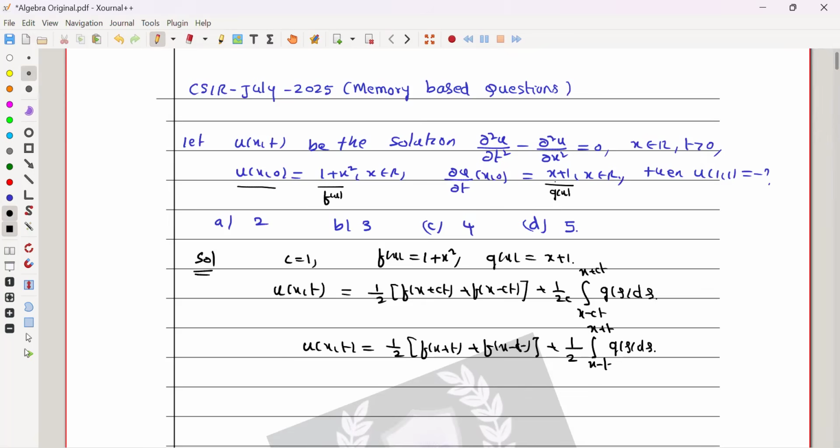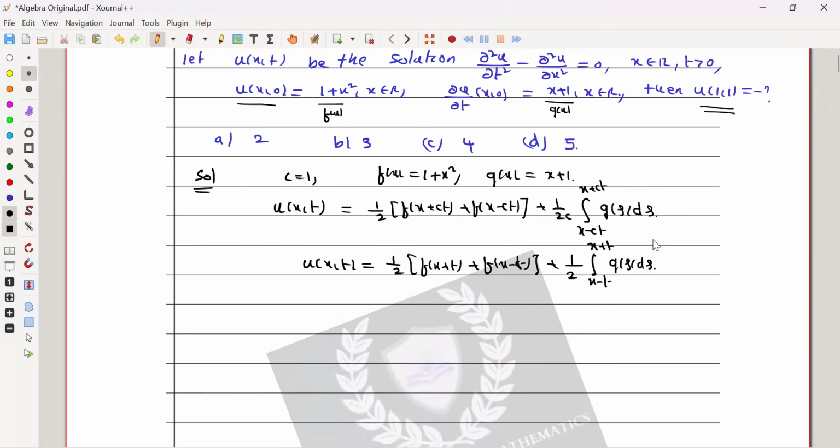So we need to find u(1, 1). That means x is equal to 1, t is equal to 1. Then directly substitute it. u(1, 1) equals 1/2 [f(1 + 1), which is f(2), plus f(1 − 1), which is f(0)] plus 1/2 integration from 0 to 2 of g(s) ds.